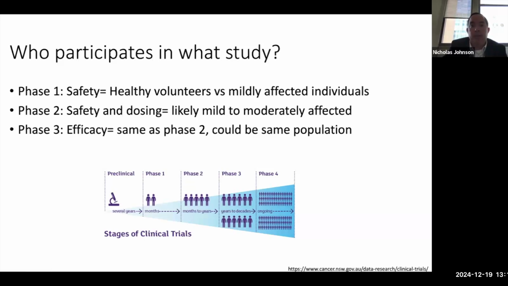Phase 2 trials, you can see still smaller numbers and typically mild to moderately affected. And then efficacy trials tend to be much larger. They take longer times, and it could be the same population.